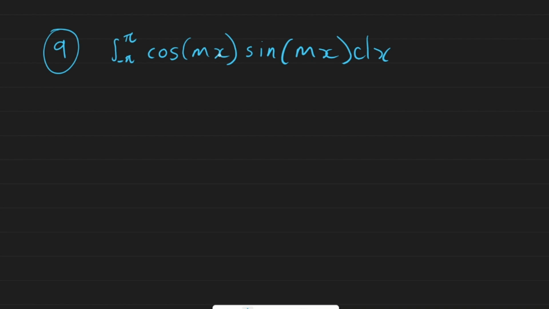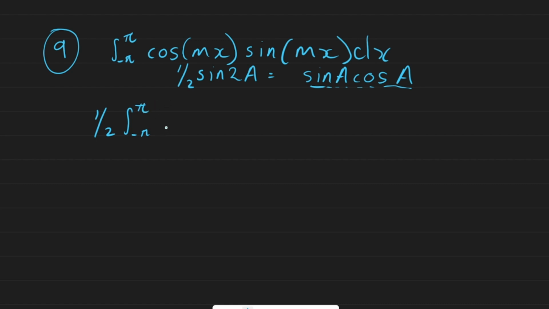For this one, we need the identity that sine 2a is equal to 2 sine a times cos a. Okay, and of course we'll divide both sides by 2. So once we substitute this into the integral, what we get is a half, and the integral of sine of 2a, so in this case it's 2mx.